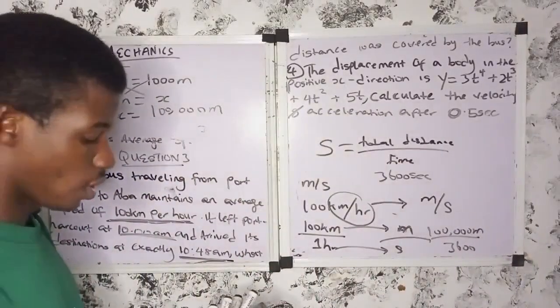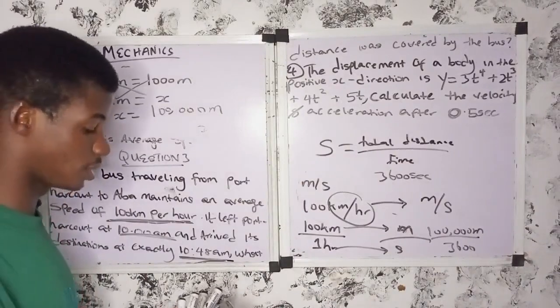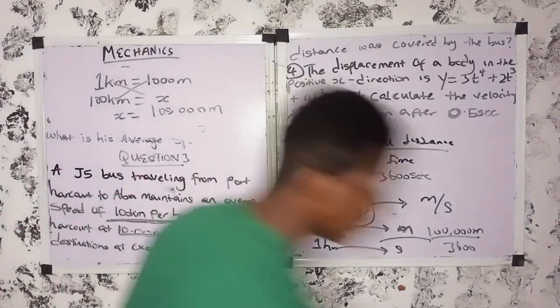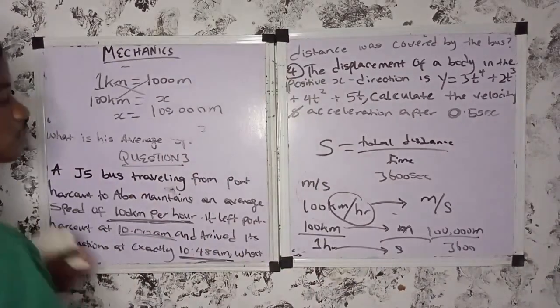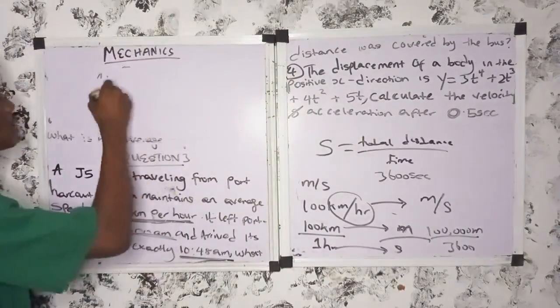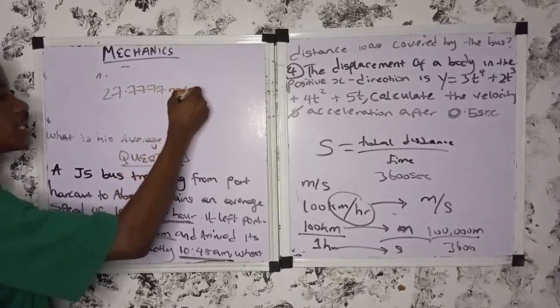Let's divide it: 100,000 divided by 3,600. If we divide everything, we have 27.7777 meter per second.